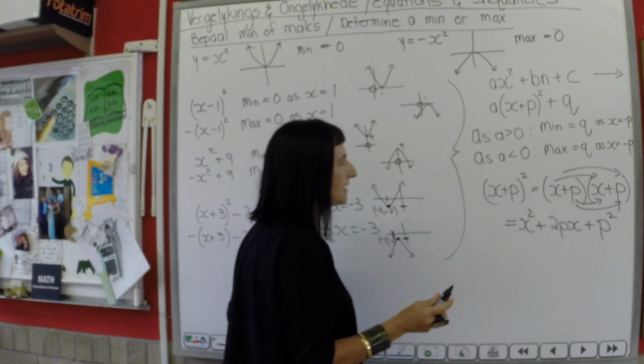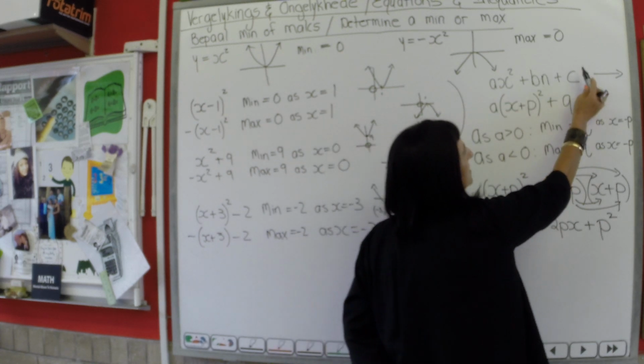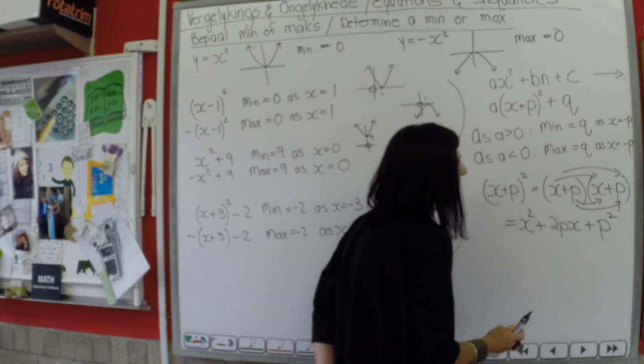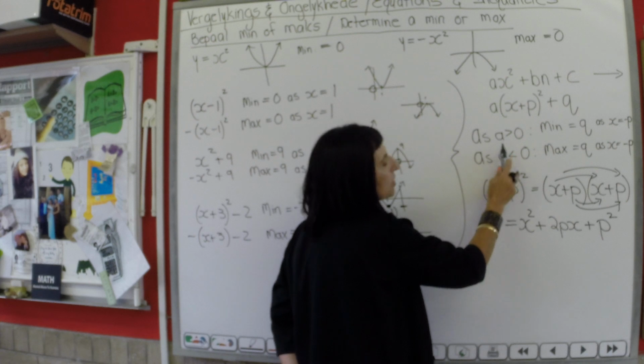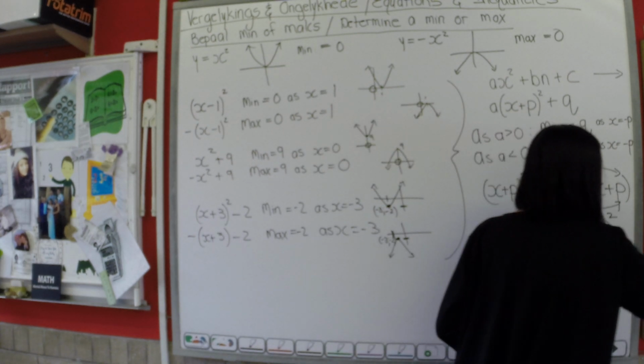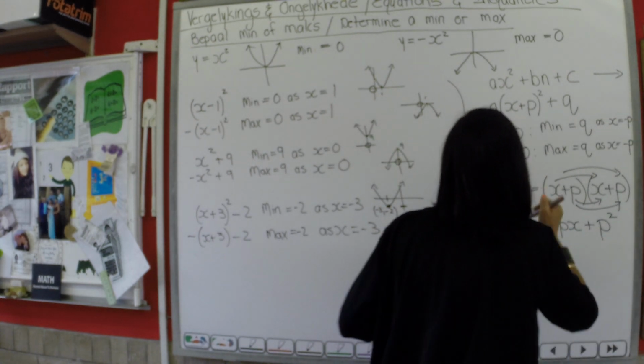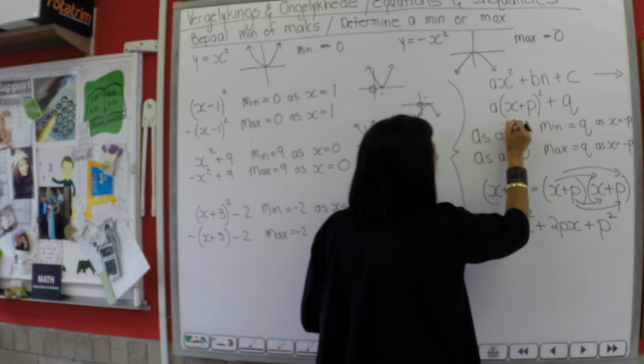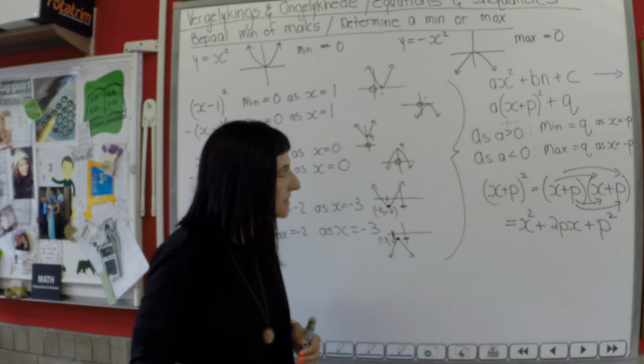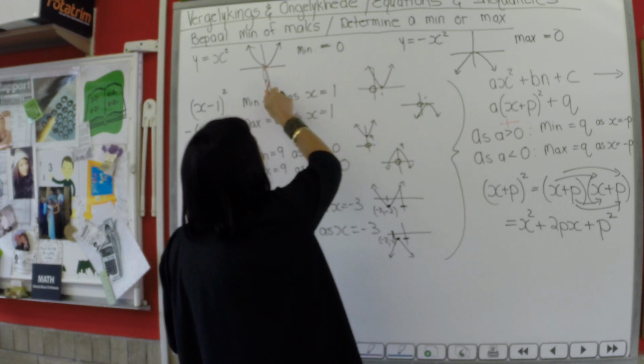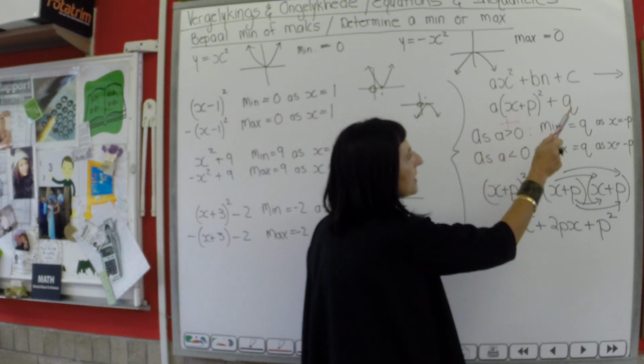So wat leer ek hier? If I rewrite that expression into that form, if A is positive, onthou, A groter as 0, beteken A is positief. If A is positive, I know it's a happy face. A happy face gee altyd 'n minimum. Waar kry ek my minimum?